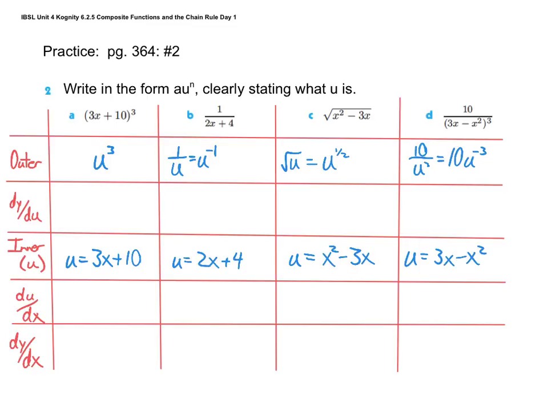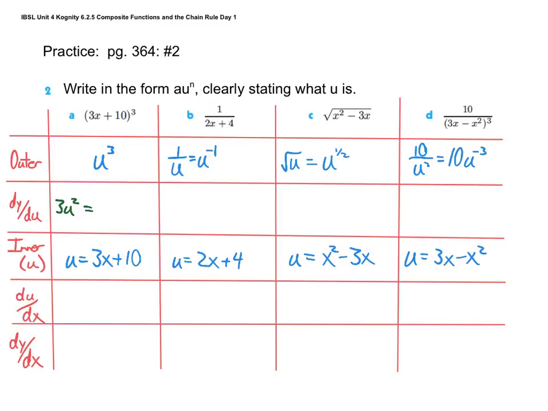All right, so we've identified what we need to identify. At this point now, we need to actually start taking some derivatives. So, first of all, dy du, the derivative of u cubed is 3u squared. At this point, I'm going to plug u back in.